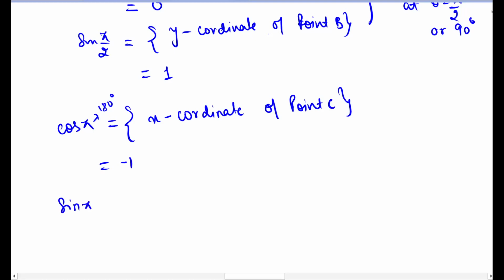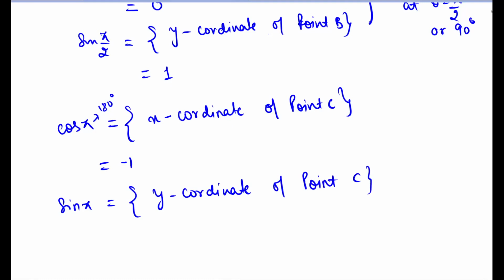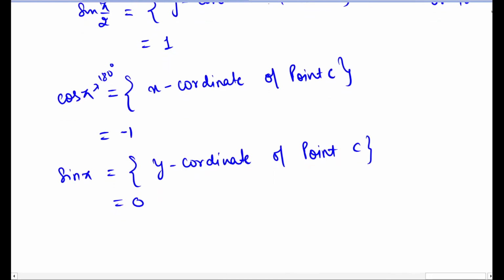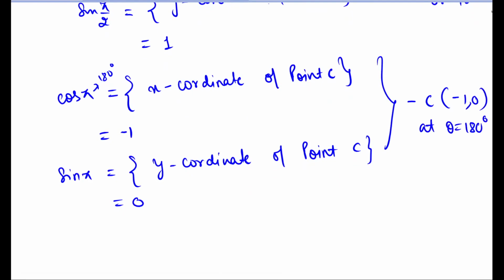And sine pi is equal to the y coordinate of point C, which is equal to 0. So this is point C, which is (-1, 0), at theta equal to 180 degrees or theta equal to pi.